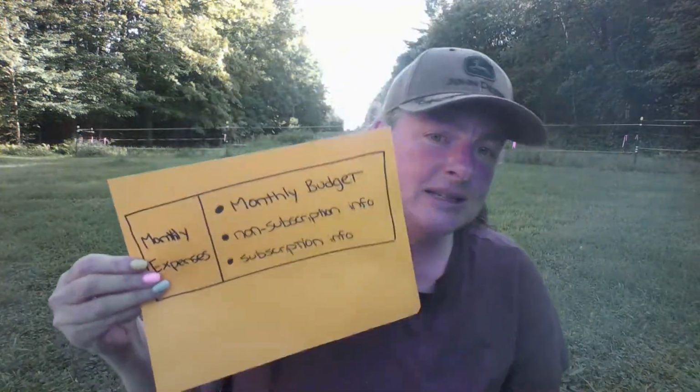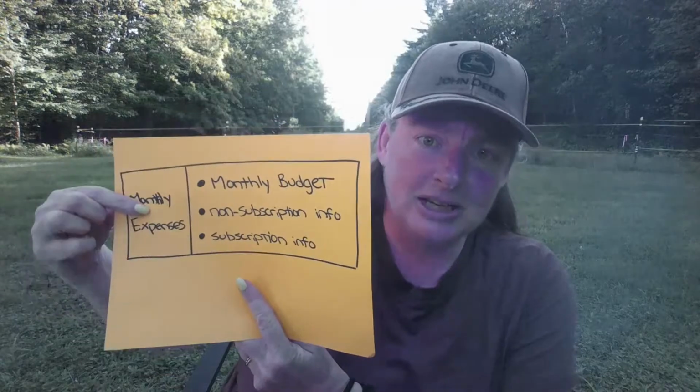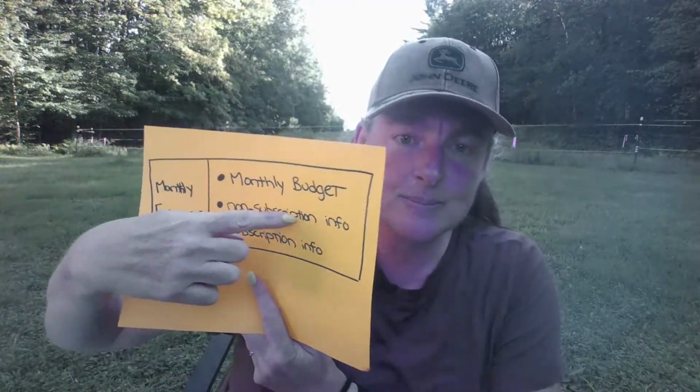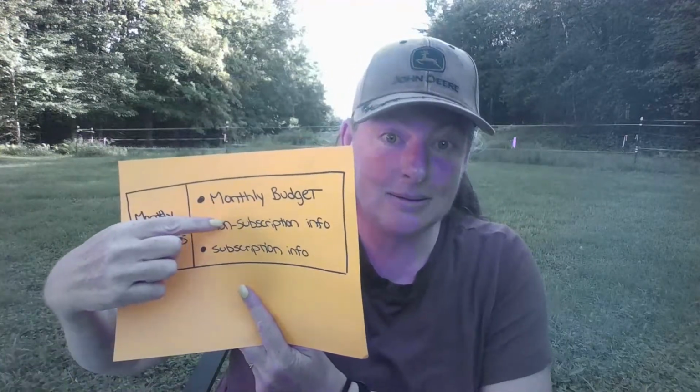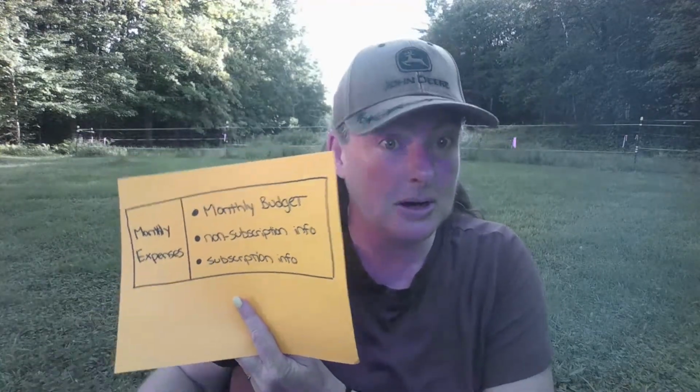It's important to keep yourself up to date with what you have and to check in every now and then to make sure you don't have subscriptions that are getting out of hand. So I want to break down the monthly budget into non-subscription and subscription pieces, because the subscription part is growing in popularity.